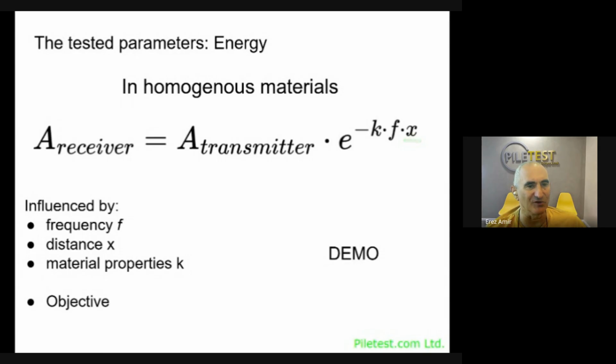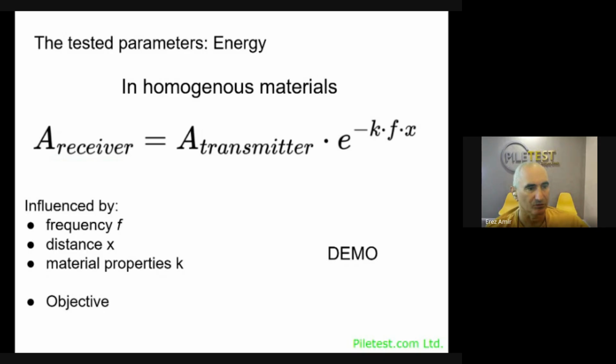Now, we actually have no control over these constants and frequency. They are fixed. So it's actually just a function of how much energy we transmit, which we also have no control of, that is fixed in the system. So it's just a function of distance. The more distance we have, the lower the receiver energy is going to be.